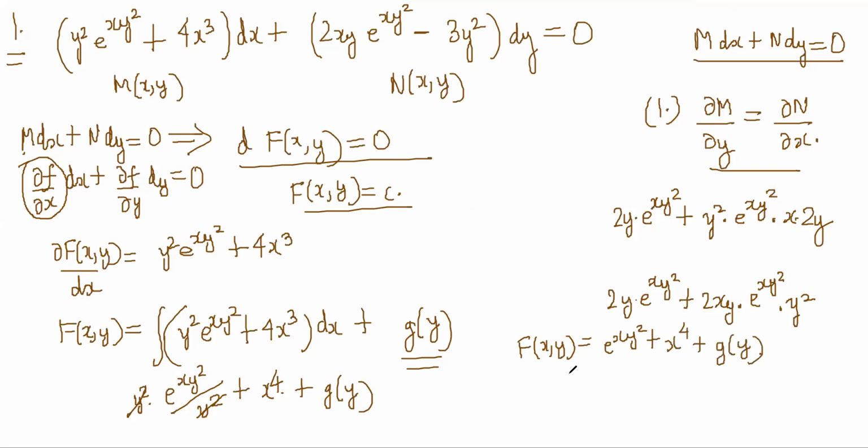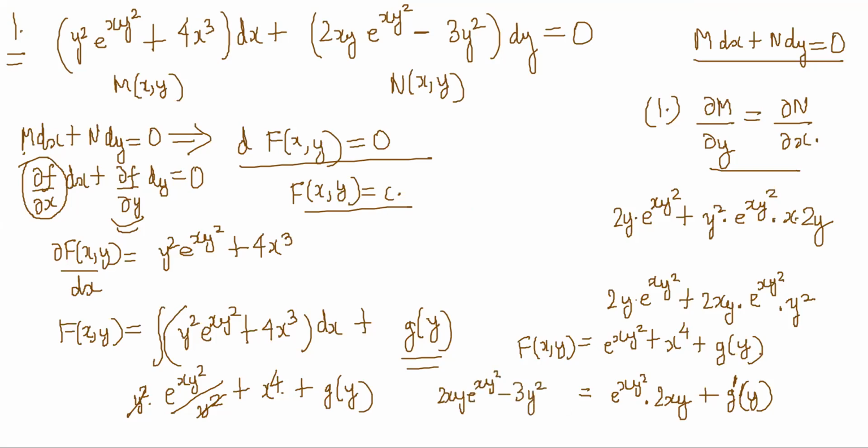Now I'll differentiate with respect to y because I already know that dou f by dou y is N. Differentiating with respect to y here, it will become e power xy square into 2xy, plus g dash y. g dash y is equal to N, and N is 2xy e power xy square minus 3y square.